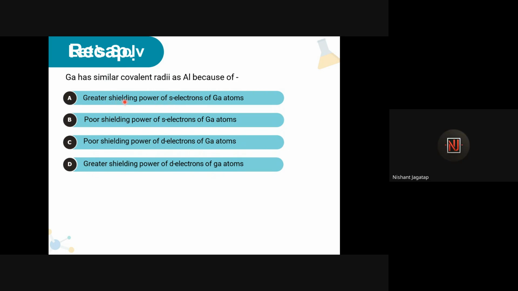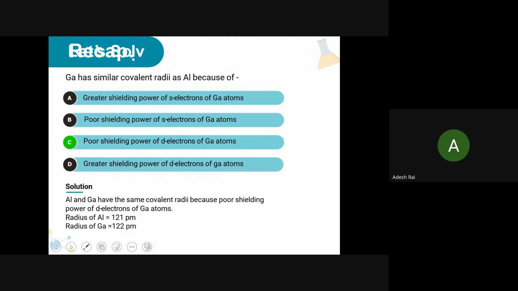Option C. Because the d electrons of gallium are poorly shielded. As a result, the outermost electrons receive high nuclear charge. When they receive high nuclear charge, the size will decrease compared to aluminum. Is that clear? Gallium has the same covalent radius as aluminum because of the poor shielding power of the d electrons of gallium atoms.